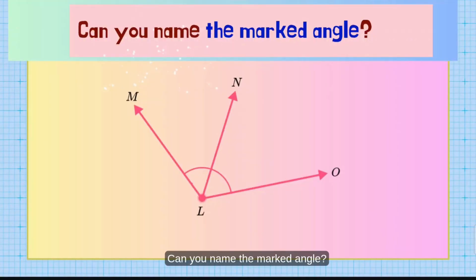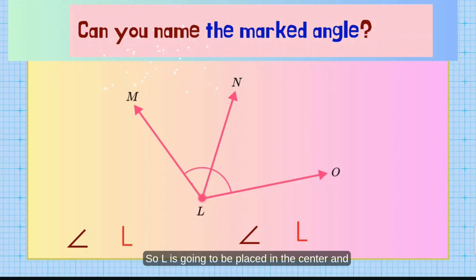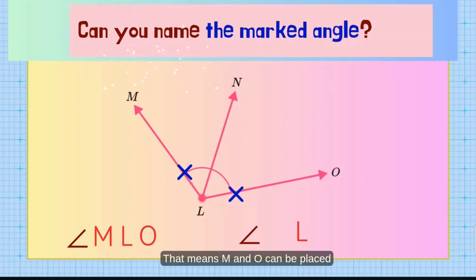Let's practice. Can you name the marked angle? This marked angle, the vertex you can identify, the vertex is L. So L is going to be placed in the center, and identify the arc. The arc is touching this ML and the other one is O. That means M and O can be placed alternately on either side of the vertex.